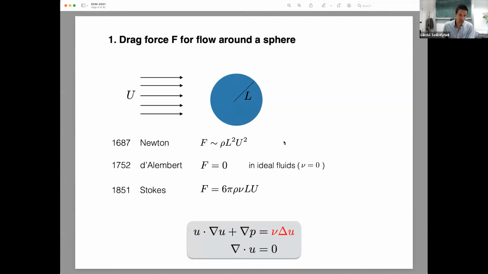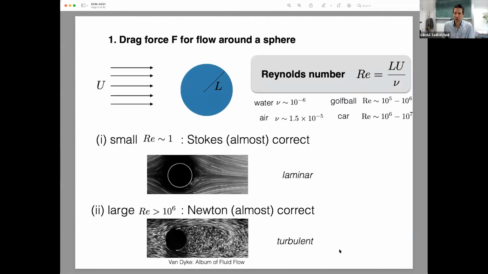Whereas D'Alembert and Stokes actually studied the stationary Euler and Navier-Stokes equations. So you see that there is a big difference between a physical approach using dimensions and a mathematical approach using the PDE. And it turns out that actually all of them were essentially correct.